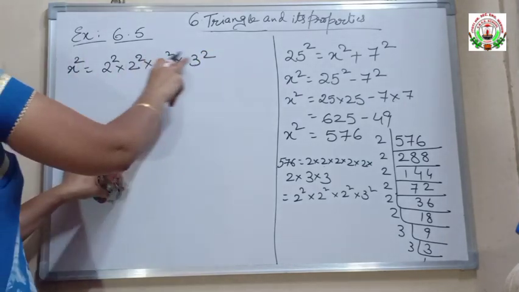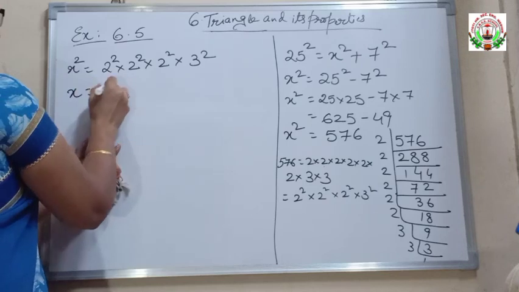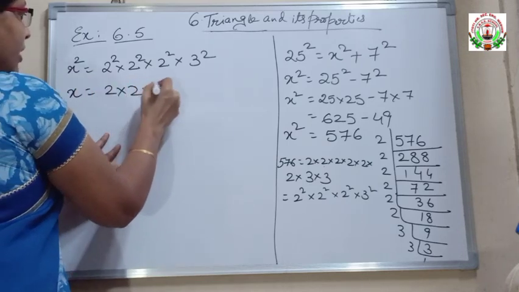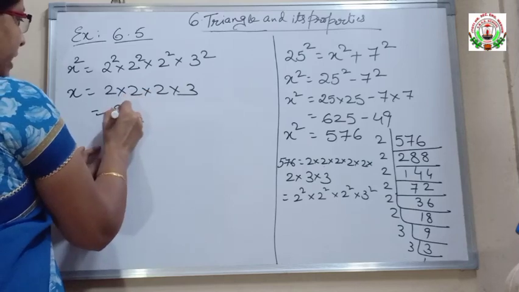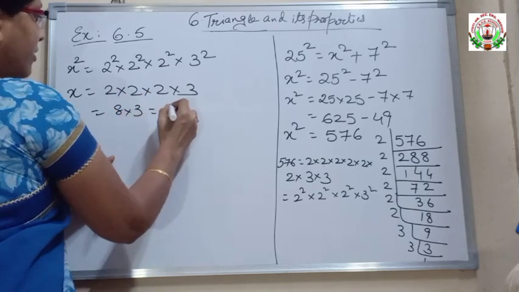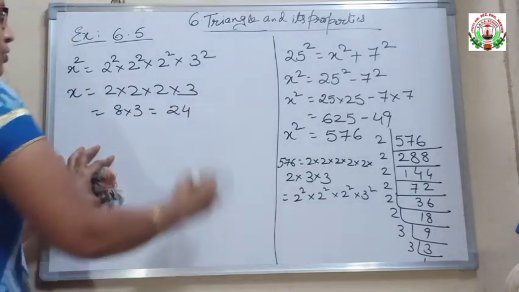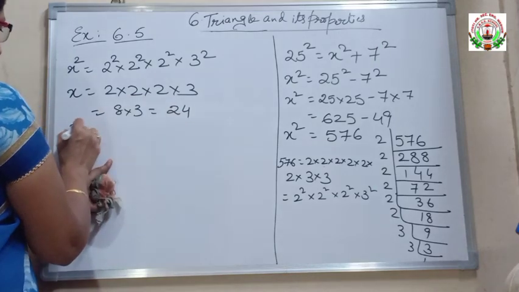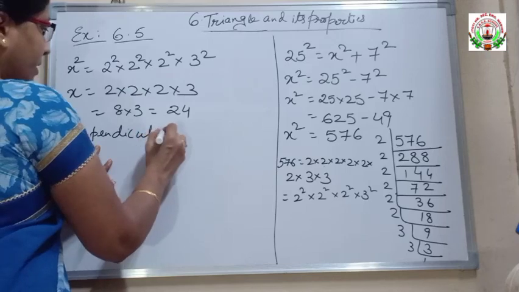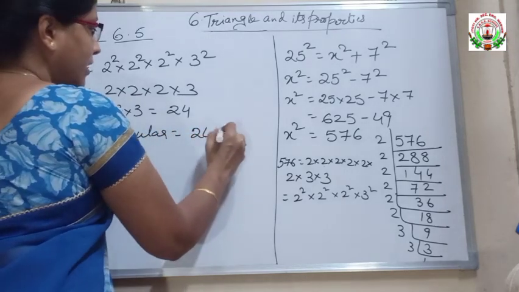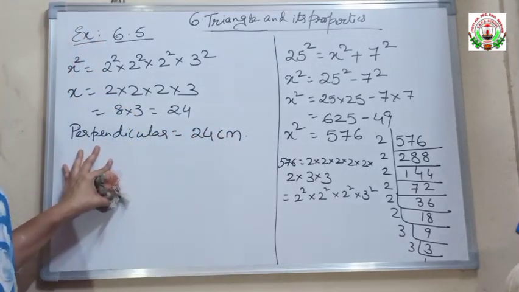If we cancel the squares on both sides, x will be equal to 2 into 2 into 2 into 3. That is 2 2s are 4, 4 2s are 8, 8 into 3, 8 3s are 24. So x, the perpendicular, will be equal to 24 centimeters.